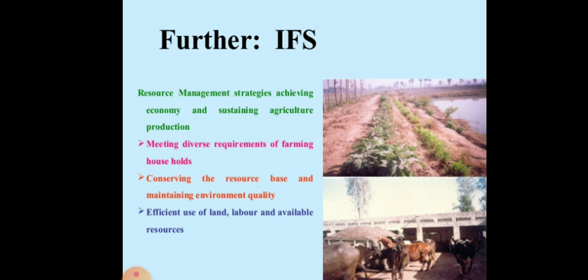So for further explanation, the resource management strategies achieving the economy in sustaining agricultural production. So both ventures are supporting each other. As I mentioned earlier, the diverse way of your farming or integration of more than two disciplines of farming will support the sustainability of your farm.